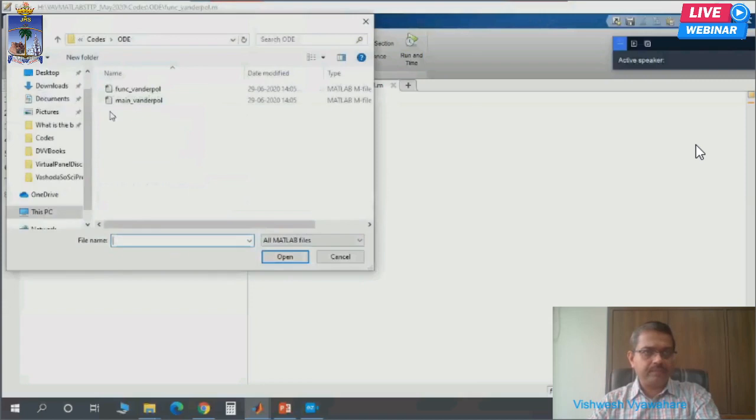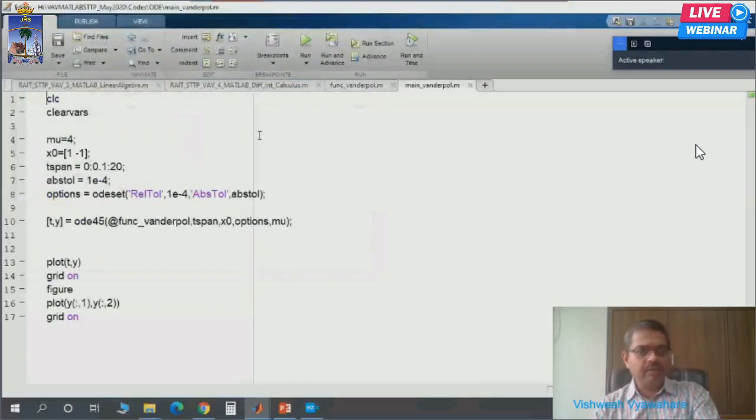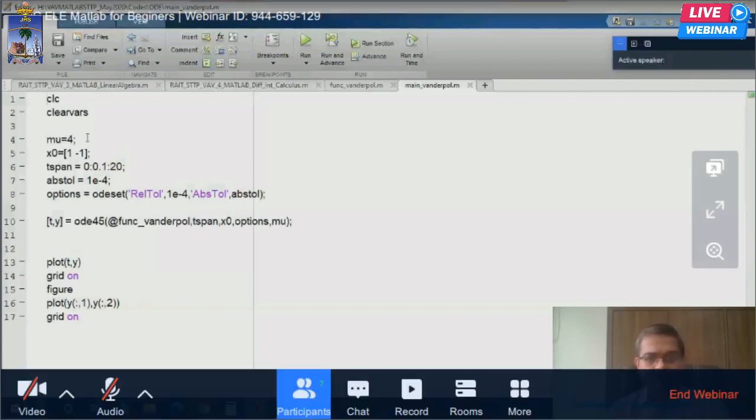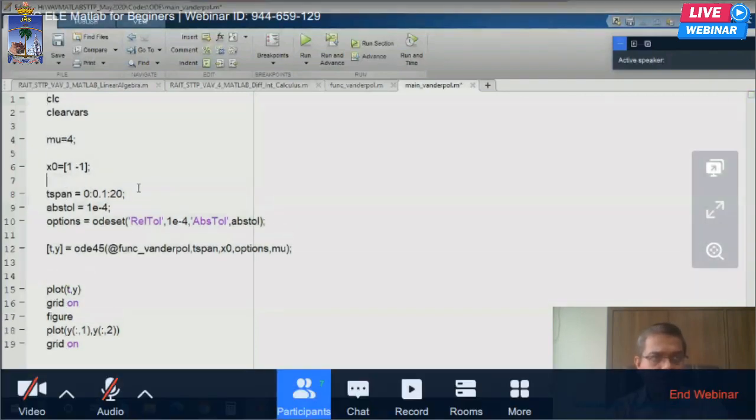You need one more file, which is the main file, where you will specify the initial conditions, the values of the variables and parameters, and for how much time you want the solution to be evaluated. Since we are using numerical methods, we need to identify the tolerance, how much error is allowed.